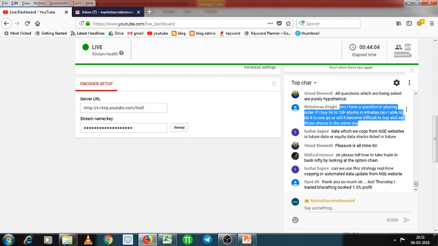That is again risky. For example, if you have 1 lakh rupees and if you have 10x margin, you'll have 10 lakhs. And if your stop loss is 1% of the total amount, even then you'll lose a lot of money.